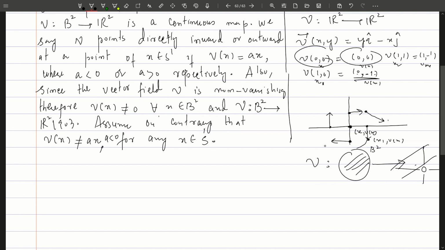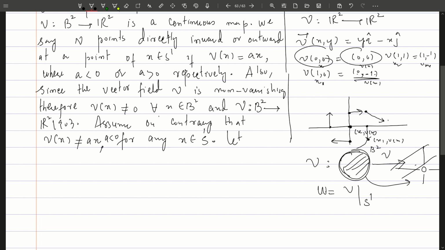This is our map v. Now we can define one more map w, which is the restriction of v to S1. S1 is the boundary of B2, and w is a map from S1 to the punctured plane.